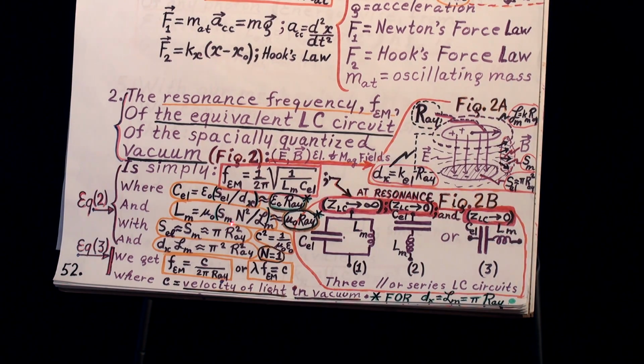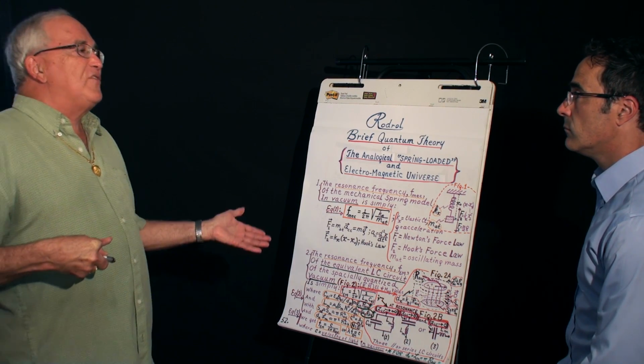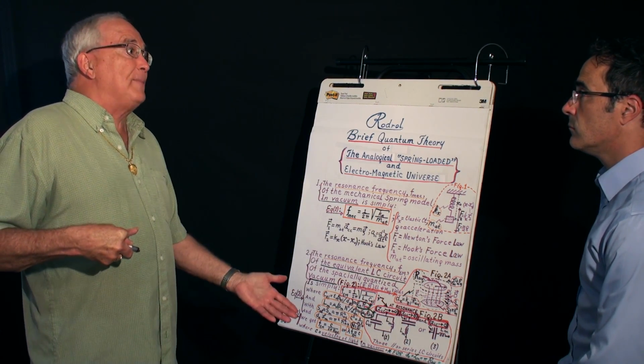Then, simply using this equation, and also the product of the distance between the plates and the length of the magnetic circuit going around it, which is simply pi squared multiplied by rho, because taking dx as pi multiplied by rho, and Lm the same thing, you get the exact resonance frequency that happens to be experimental.